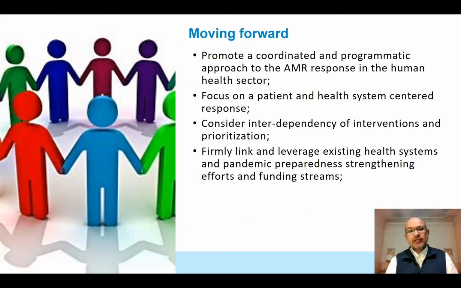It will consider the interdependency between the various interventions through a specific patient or people-centered pathway. Lastly, it will try to link health systems and pandemic preparedness strengthening efforts along with AMR.